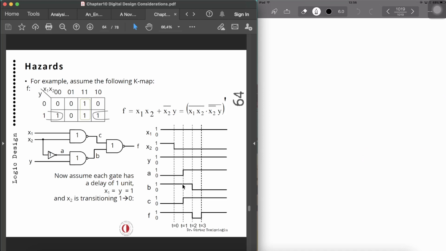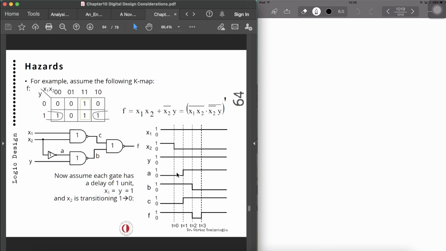This is because of B over here. That will cause the problem because A has one gate delay. So A and Y are not feeding to this NAND gate at the same time.